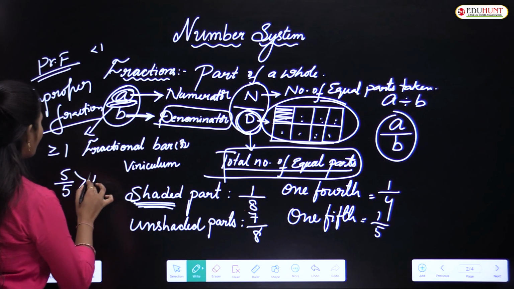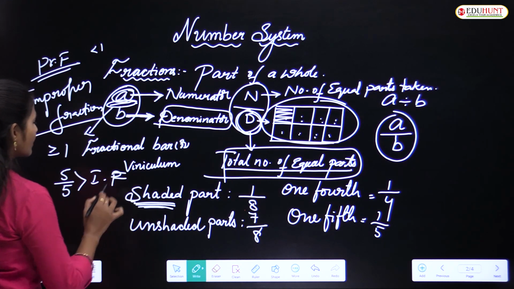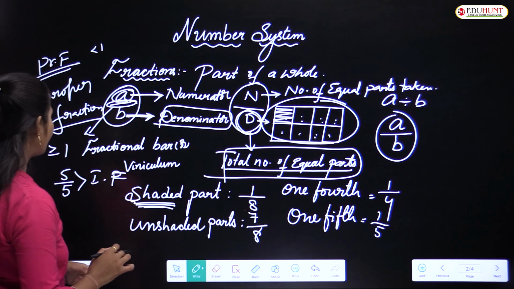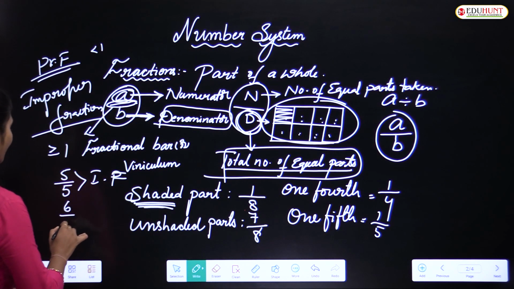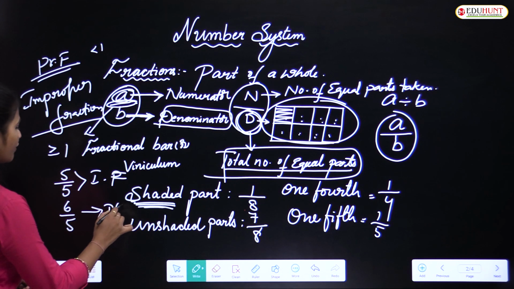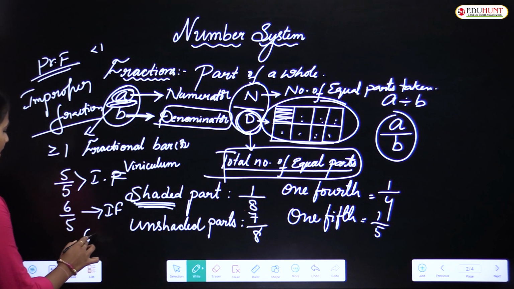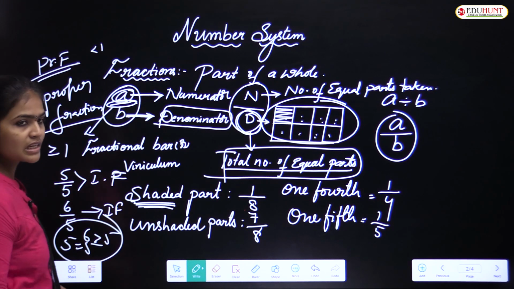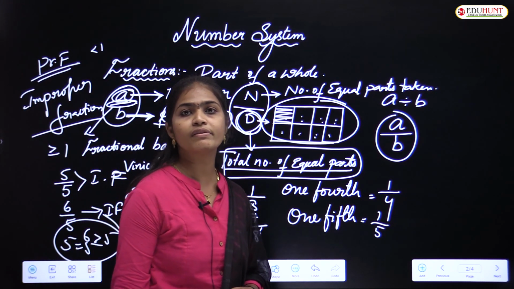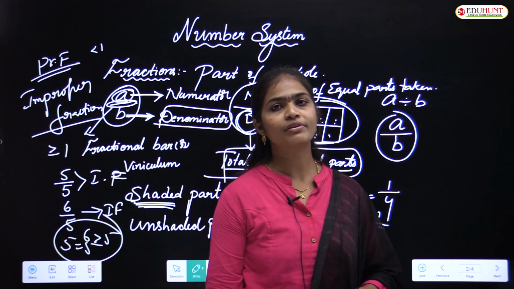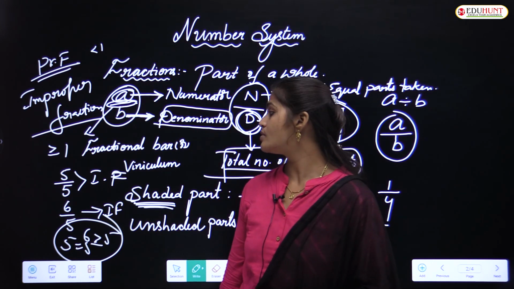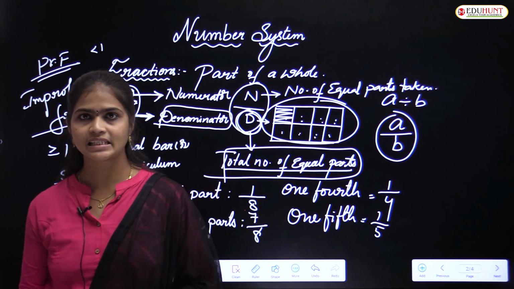This is also an improper fraction. And 6/5 is also an improper fraction. 6 is greater than 5, and in 5/5, 5 equals 5. So in these two cases also, we call them improper fractions. So these are all the types of fractions.